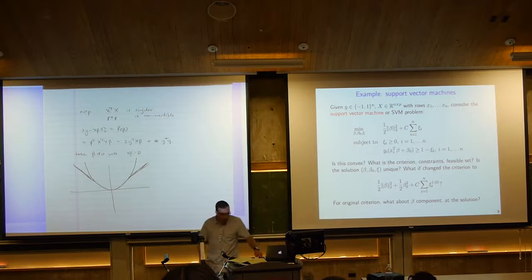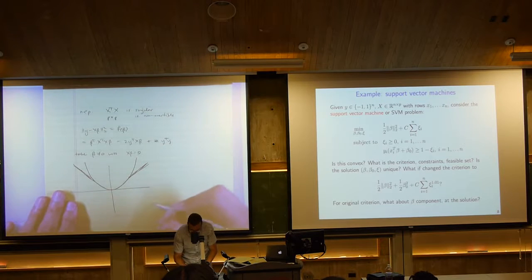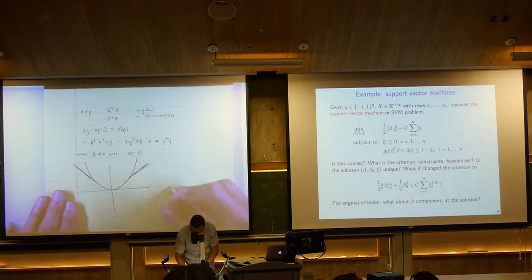Essentially what we are doing is we are given a bunch of points in feature space, and to each of these points we have a label like +1 or -1.